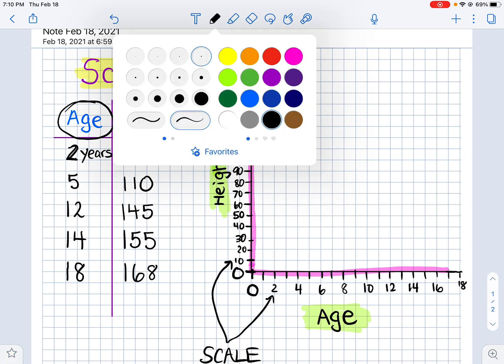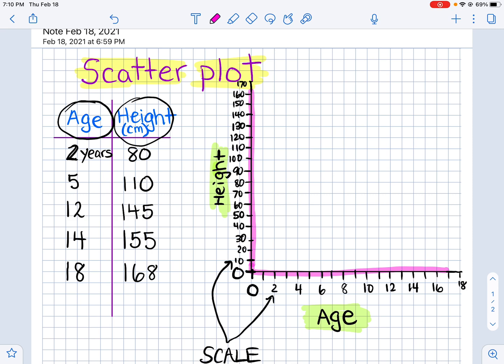Now we're going to put the points on. If somebody is 2 years old, they are 80 centimeters. So we find 2 years old and we go all the way up until we find 80 centimeters and then we put a point right there.